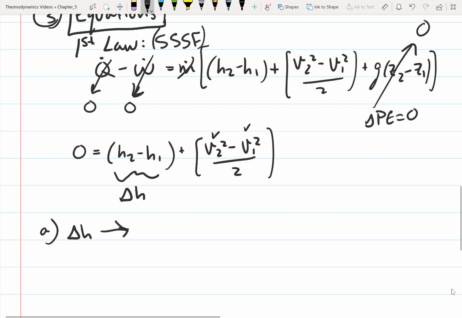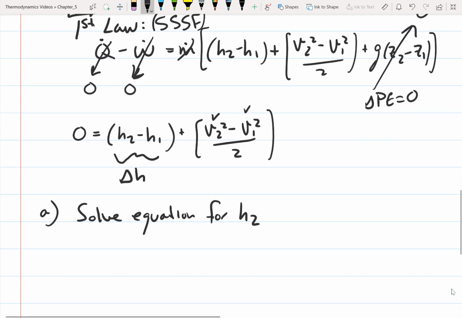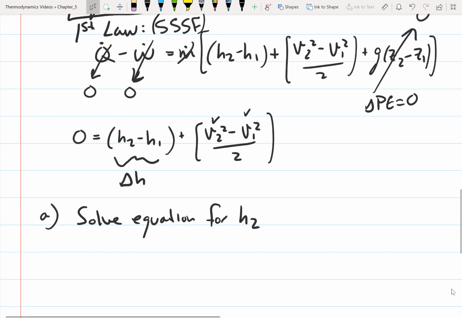So first of all, we would solve this equation for H2. So I guess in this case, it's not actually delta H that we need, but we would solve the equation for the enthalpy at the outlet.